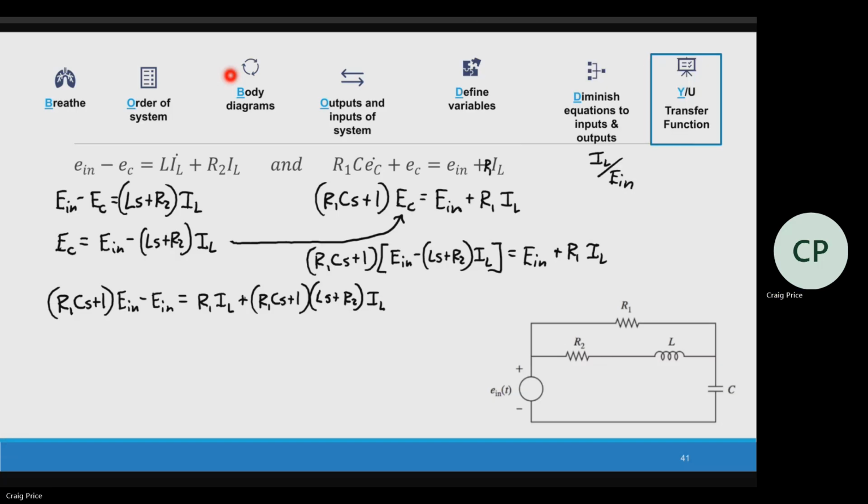With all this, there's a good amount of algebra. However, the Laplace transform does make it nice because we're able to group all that stuff together and make this substitution. For example, this En, I have a 1 En minus En, so that cancels out.